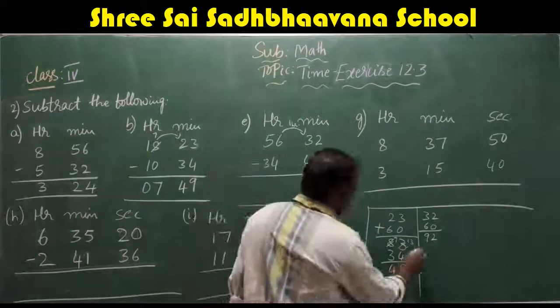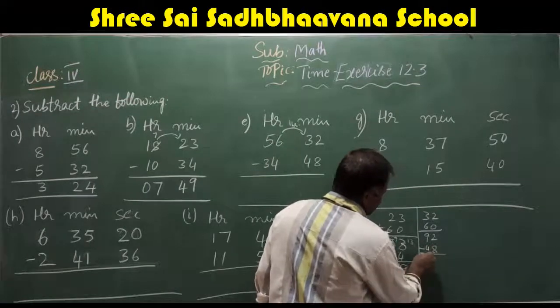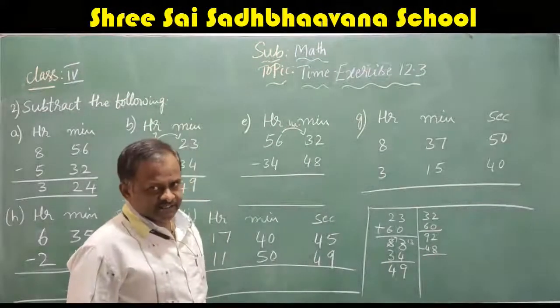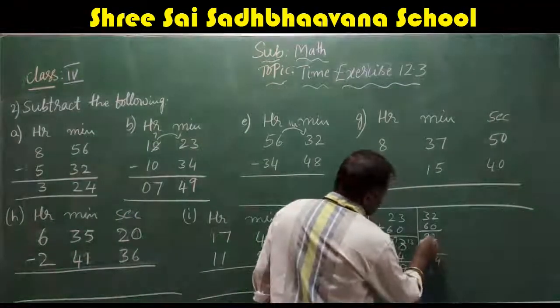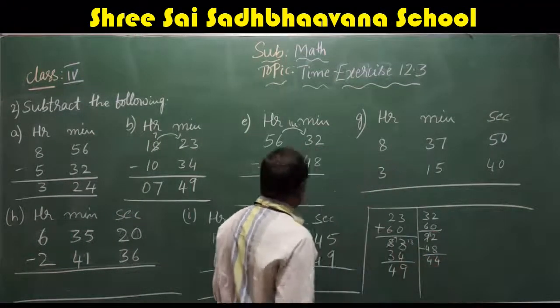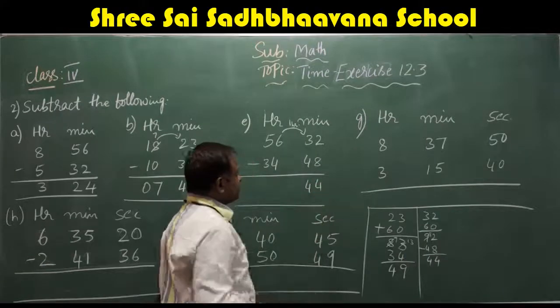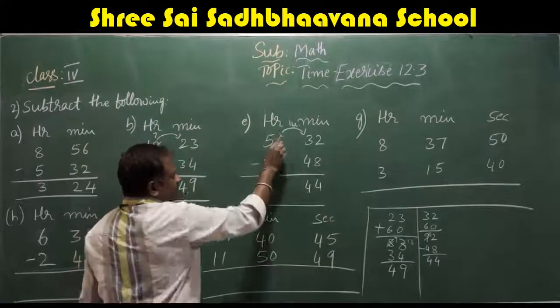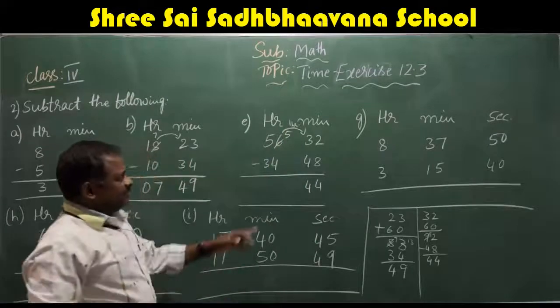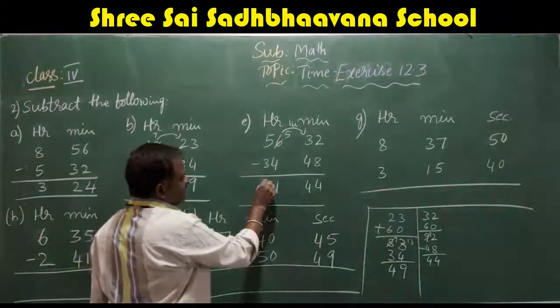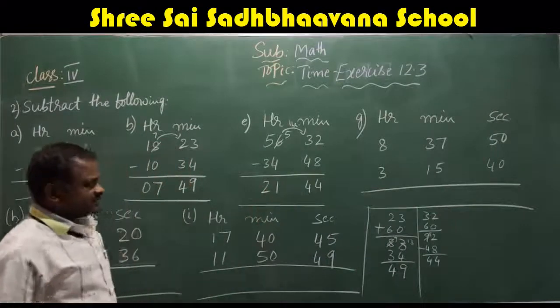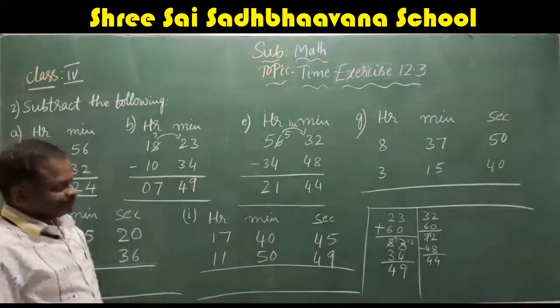So 92 minus 48: 12 minus 8, 4. This becomes 8. 8 minus 4, 4. That is 44 minutes. This 6 becomes 5. 5 minus 4, 1. 3 minus 2, 1. 5 minus 3, 2. 21 hours, 44 minutes.